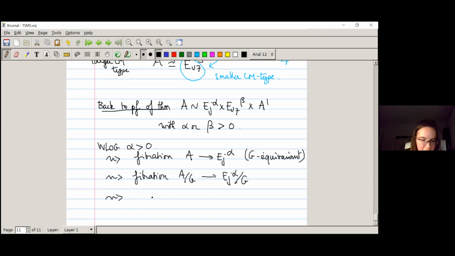And so here we have a volume form downstairs. It pulls back, and A_J has a holomorphic form of degree alpha.